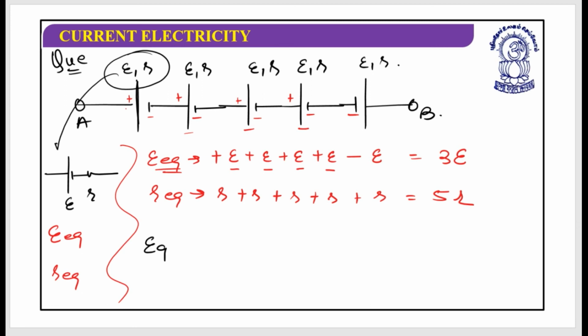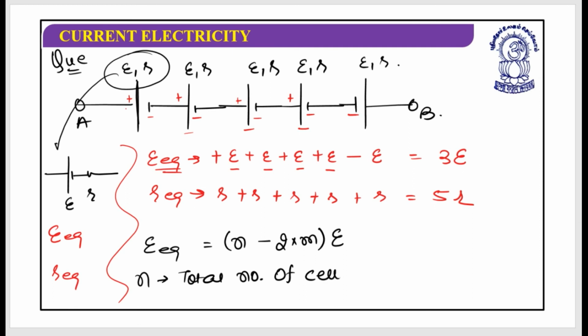E equivalent should equal (N minus 2M) multiplied by E, where N is the total number of cells connected and M is the total number of wrongly connected cells.